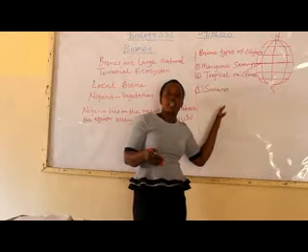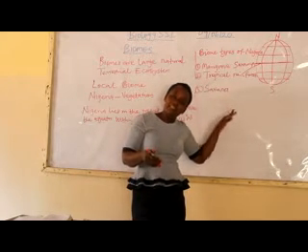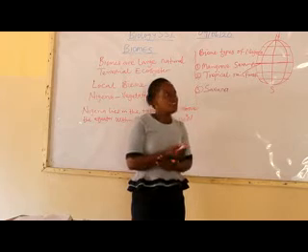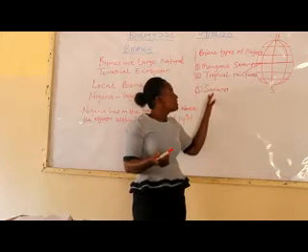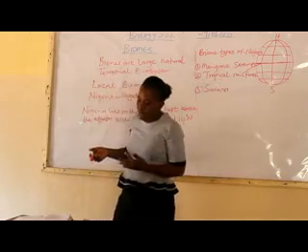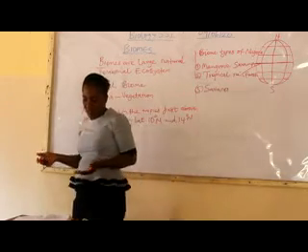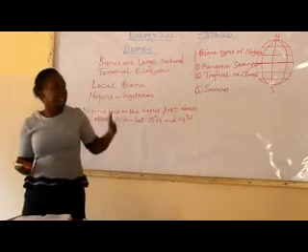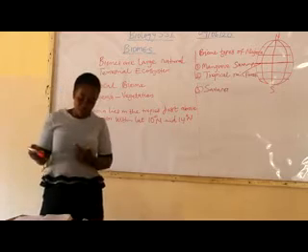These are the 2 states that are found at the mouth of the rivers. And the type of biome they have is a mangrove swamp. And also they are found in the delta regions, like Cross River State.